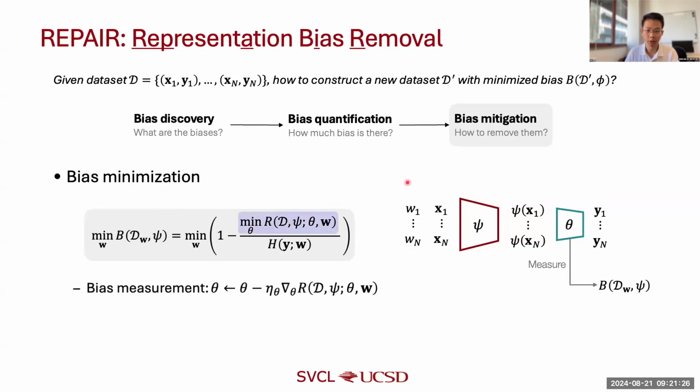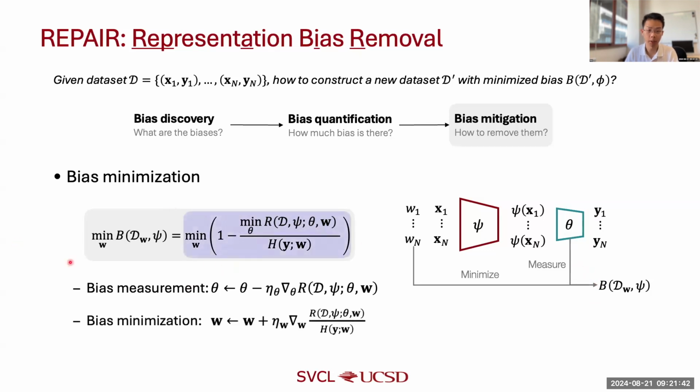I'll explain. Basically, using gradient descent to solve this bias minimization problem, the algorithm can alternate between two steps. The first step updates the classifier theta to minimize the cross-entropy risk and improve the bias measurement, while the second step updates the weights w to adjust the sample weights and reduce the bias of the reweighted data.